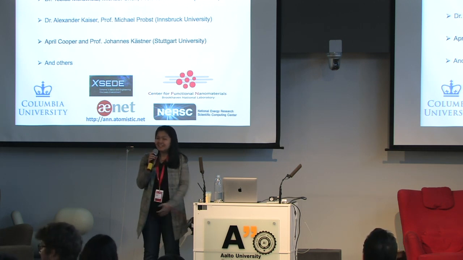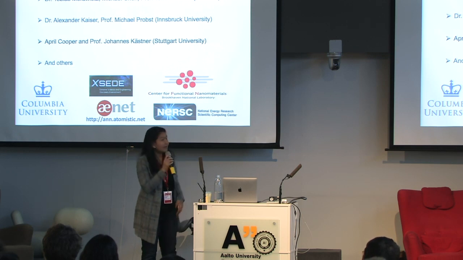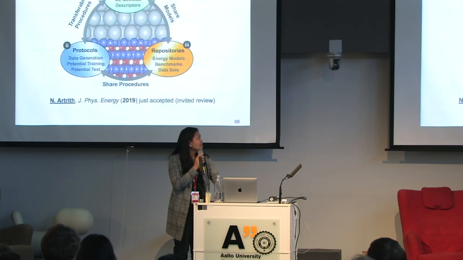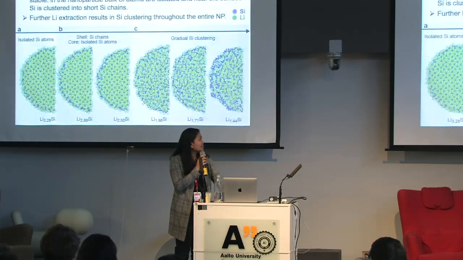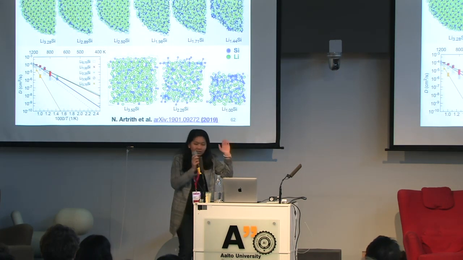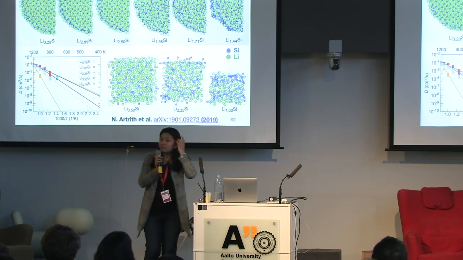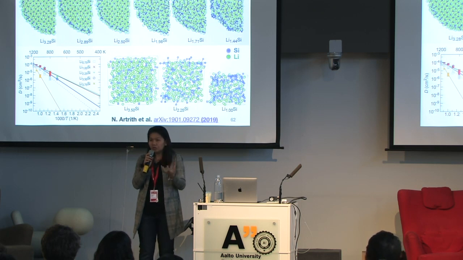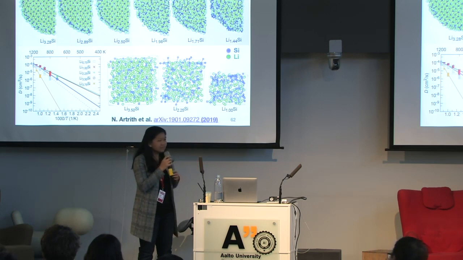Actually, again, it depends on your application, right? In our case, for example, I constructed the potential for lithium silicon, and we used only a small number of atoms, like 3 atoms, or even 100 in the training set.